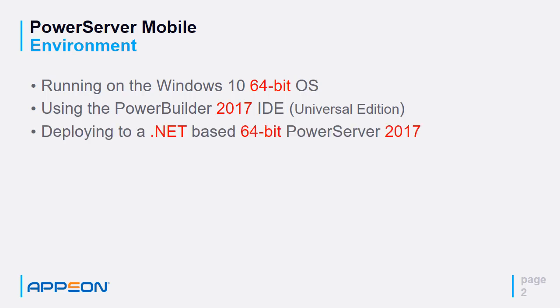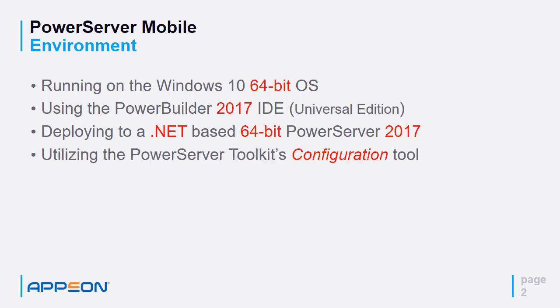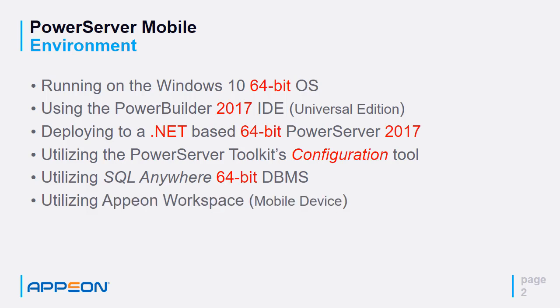We're going to be deploying a test-based application to a .NET-based 64-bit PowerServer 2017. We're going to utilize the PowerServer Toolkit's configuration tool, and we're using a SQL Anywhere 64-bit database management system. That includes, by the way, the 32-bit client as well, because the PowerBuilder IDE is 32-bit, yet PowerServer is 64-bit, so we need both clients.